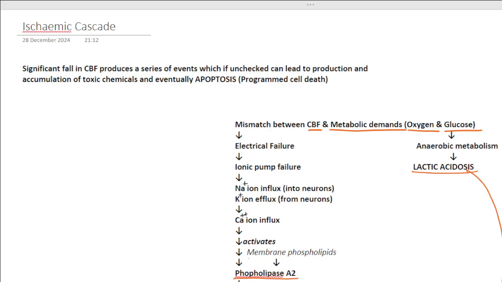Now, if you talk about the role of neurotransmitters, if you want to understand, I'll make you understand. Otherwise, we can stop here. Okay, no problem.